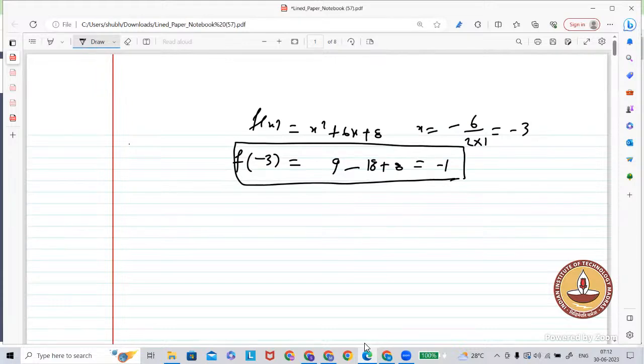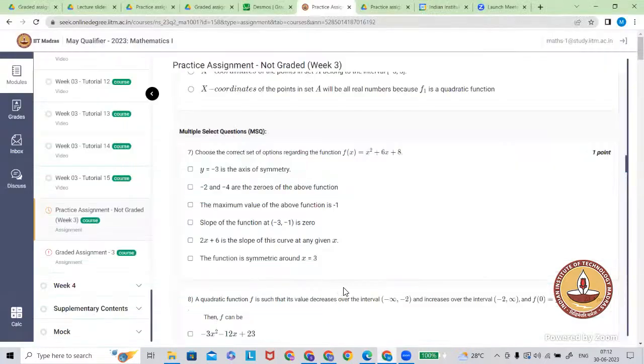But it is not the correct answer in the answer key.